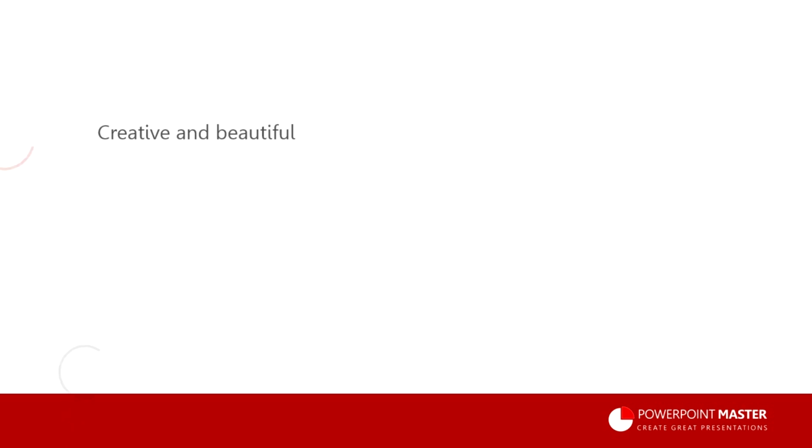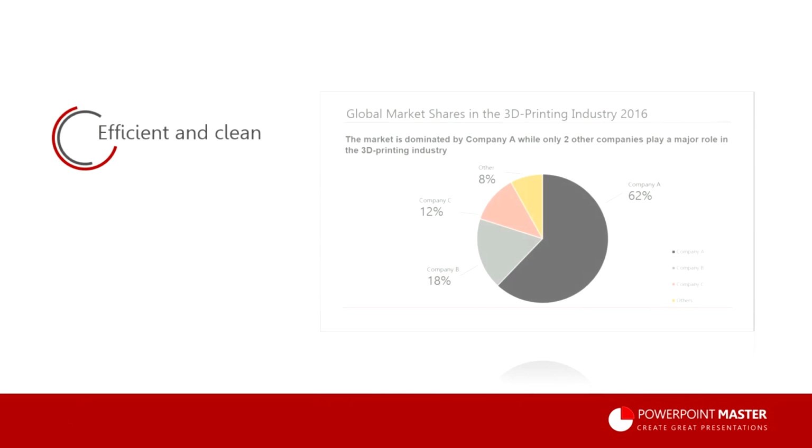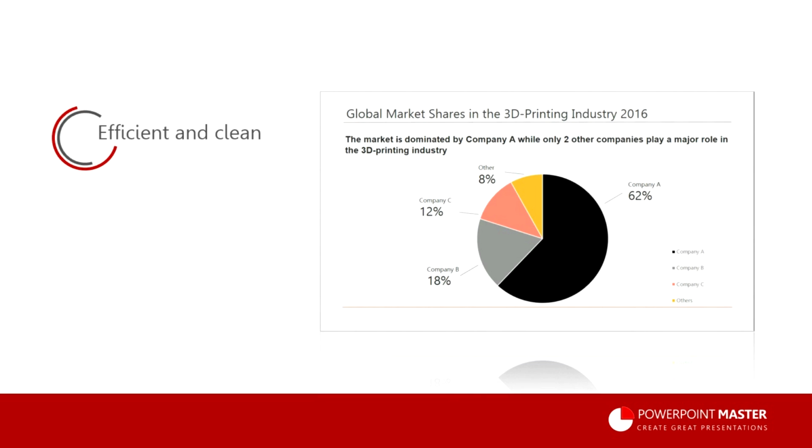Then also they will look creative and beautiful. So this is also included the creativity aspect. So focus on the creativity level about really designing good looking slides. Then also efficient and clean. So when you're communicating data with diagrams, it's very important that you deliver your message in the right way.